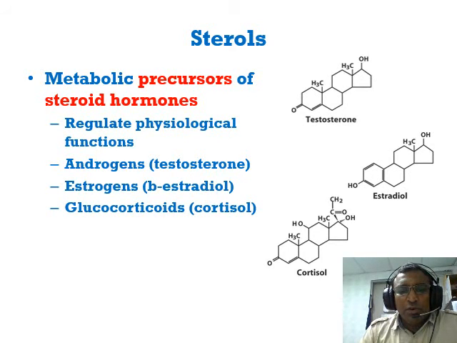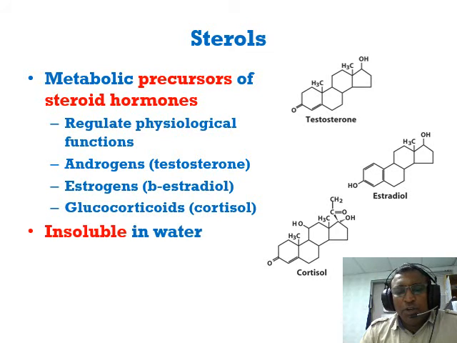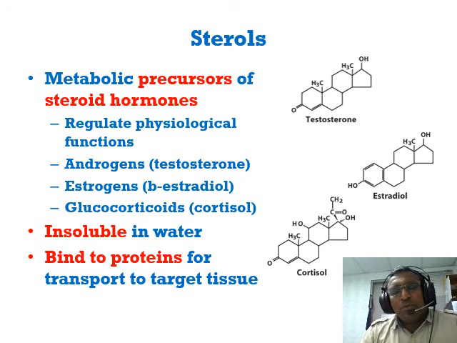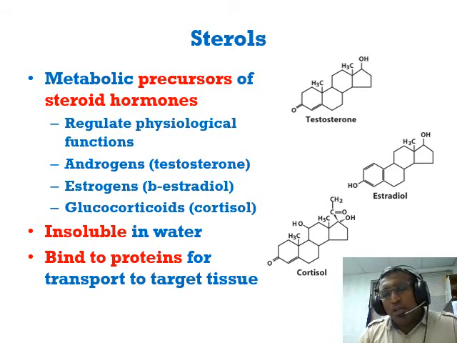Then you have glucocorticoid or cortisol, involved in monitoring or regulating carbohydrate in the body. They are all insoluble in water because they have that 4 fused ring, and therefore in order to be transported in the blood environment, which is a very water-liking environment, these steroids that do not like water need to be bound to a protein and brought through the blood vessel.